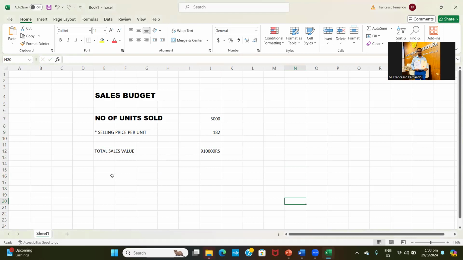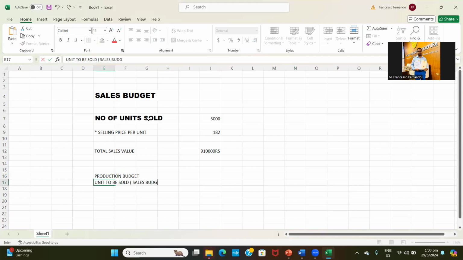So what is the format of a production budget? The format of a production budget is units to be sold, which should be taken from the sales budget.